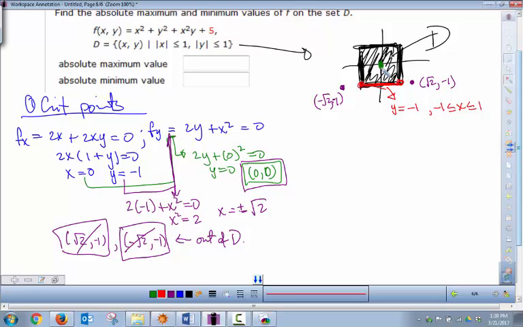So what I want to do is figure out what happens to the function when I put f of x comma y, where y is -1. So this is x squared plus -1 squared plus x squared times -1 plus 5.